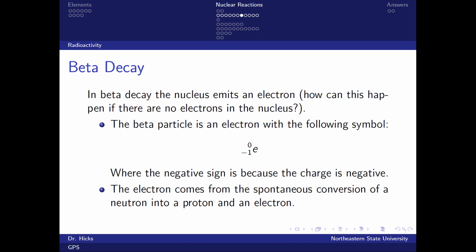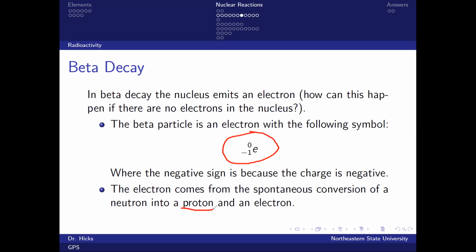Now, in order to take care of the atomic number changing because we're adding a proton, the symbol for a beta particle is this. And I know that's kind of weird. Its atomic number is -1, and that's to account for the fact that to create a beta particle, we had a neutron convert into a proton and an electron.